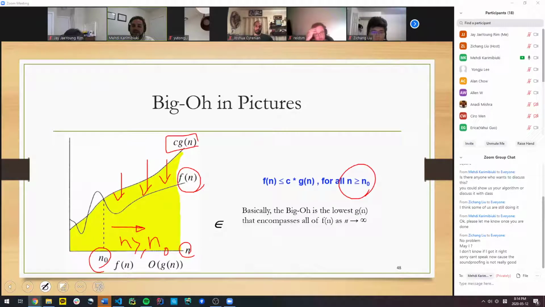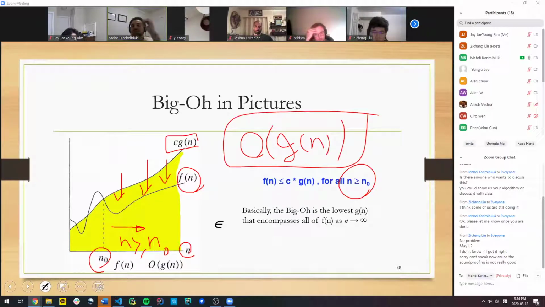Okay, and so this function would be what goes inside your big O notation. So our job here is to find that g(n) function. In other words, our job would be to find the worst case scenario in algorithms.